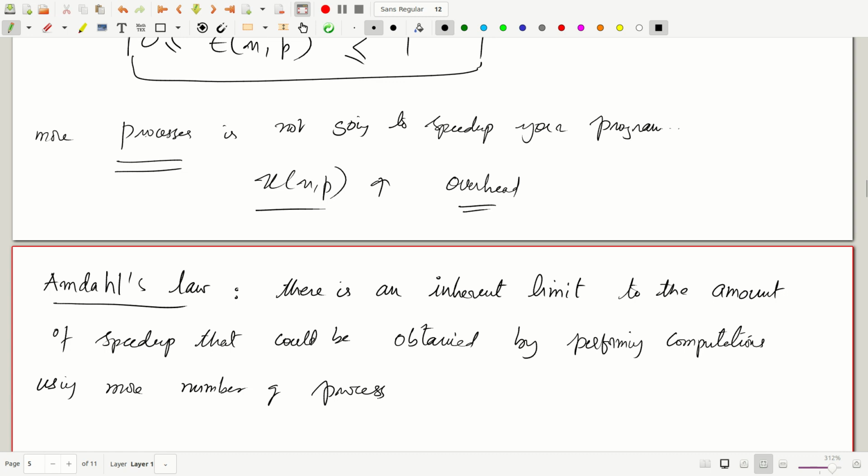That means even if you want to put in more and more processes, your speed up would not increase, right? Your speed up is limited, and that is what was argued by Amdahl, and later it came to be known as Amdahl's law.